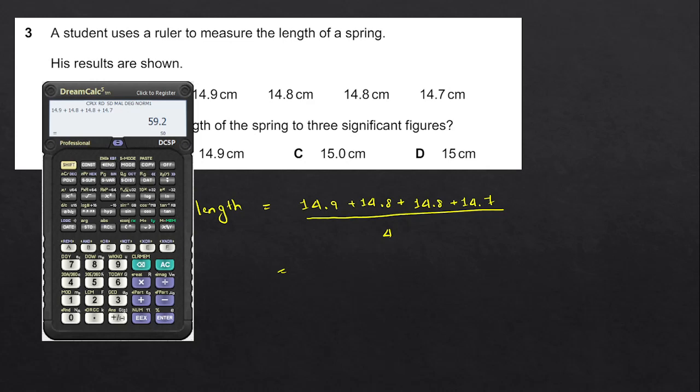The sum of all these will add up to 59.2, divided by 4. So 59.2 divided by 4 will be 14.8 centimeters. So let's write that down. So this will be equal to 14.8 centimeter. So that's option A.